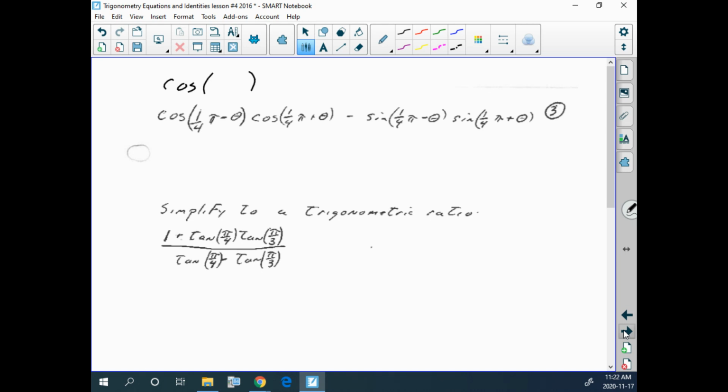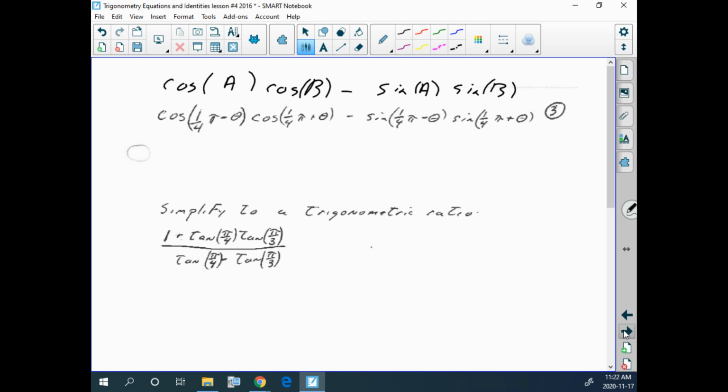cosine of pi over 4 minus theta, cosine of pi over 4 plus theta. Here we have pi over 4 minus theta, pi over 4 plus theta. What this actually has is cosine A, cosine B, minus sine A, sine B. Yeah, they're ugly looking angles, I'm not arguing with you there, but they are angles.